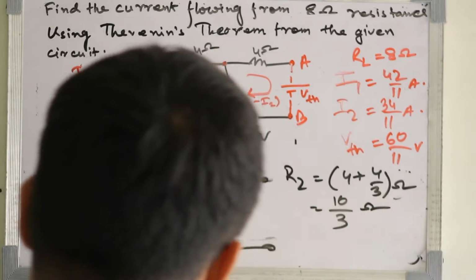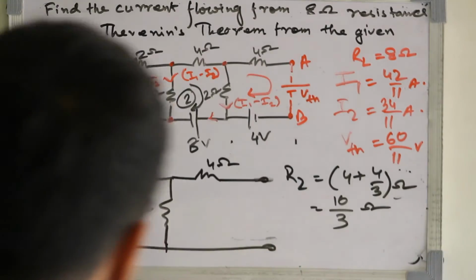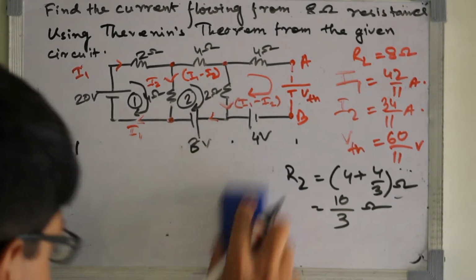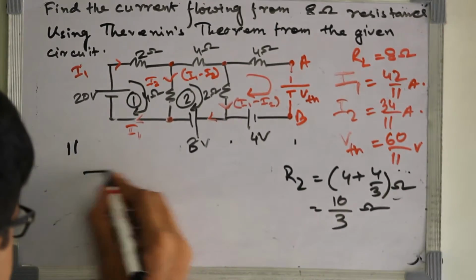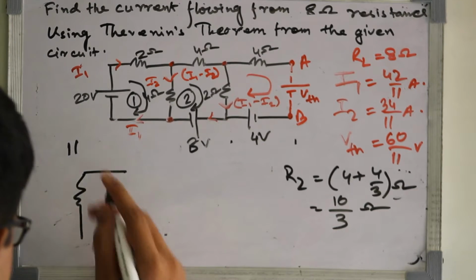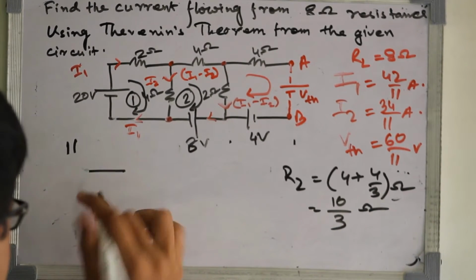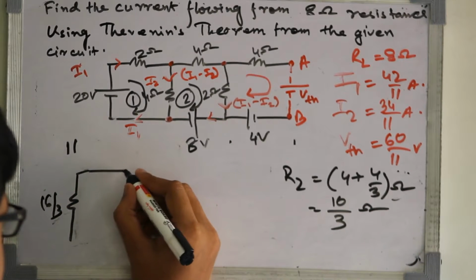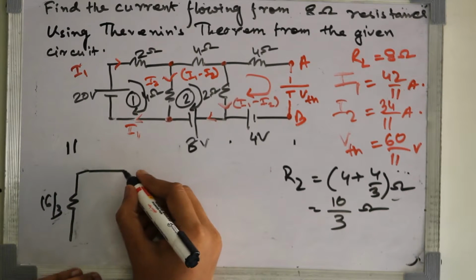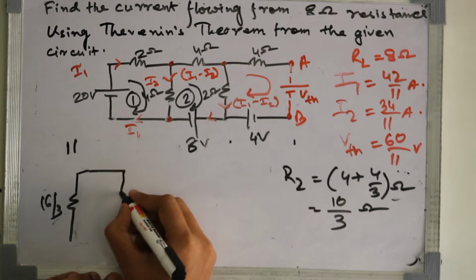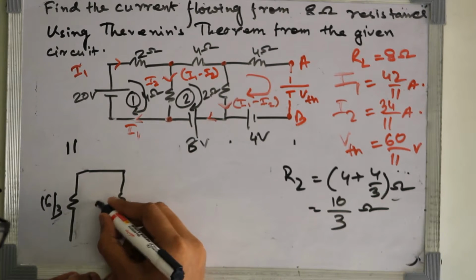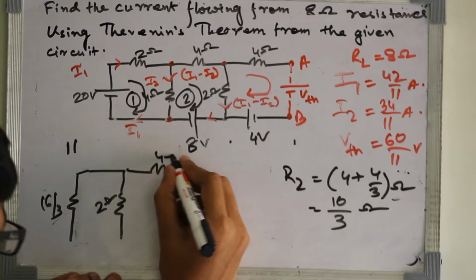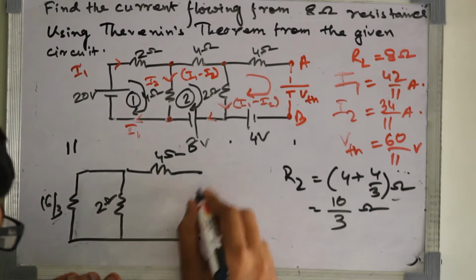And if we draw the equivalent resistance circuit, that will be like this: 16 upon 3 ohm, 2 ohm, 4 ohm, and this will be the open circuit.